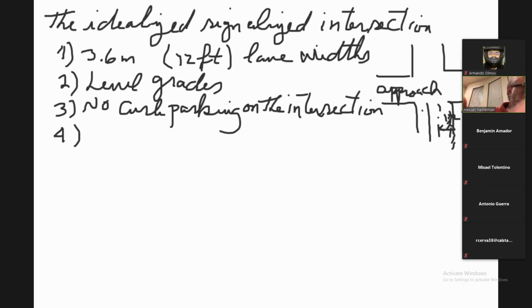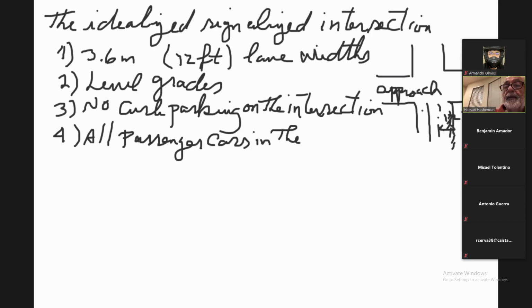Fourth, we should have all passenger cars in the traffic stream. That means no trucks, no buses. There should be no turning movement.